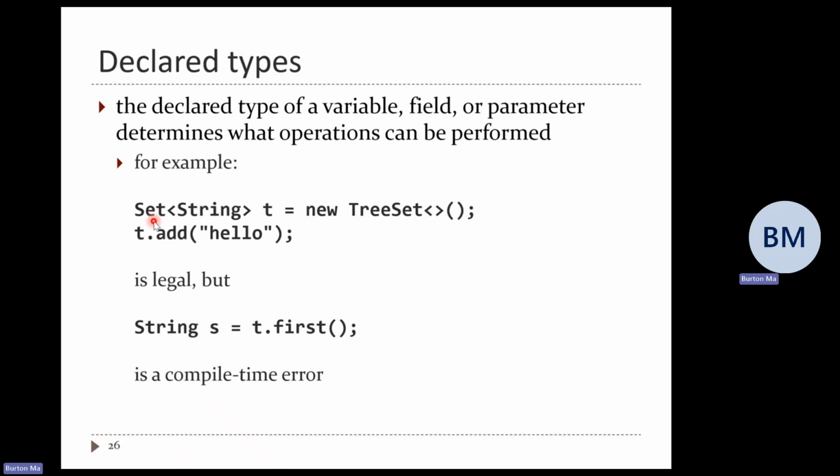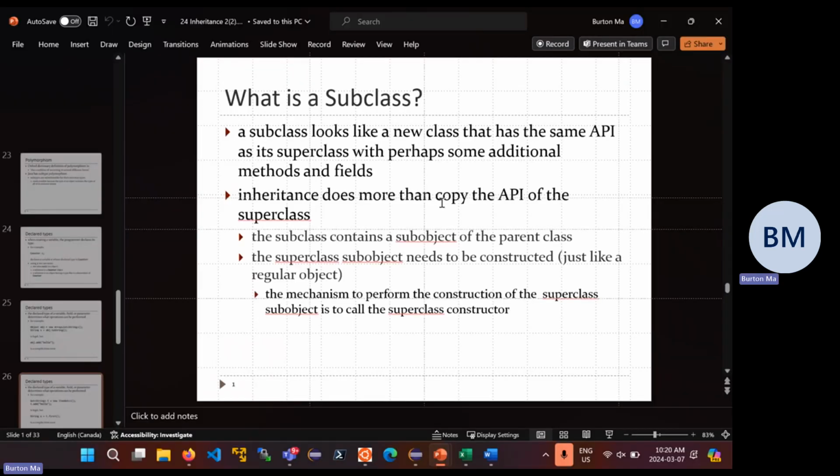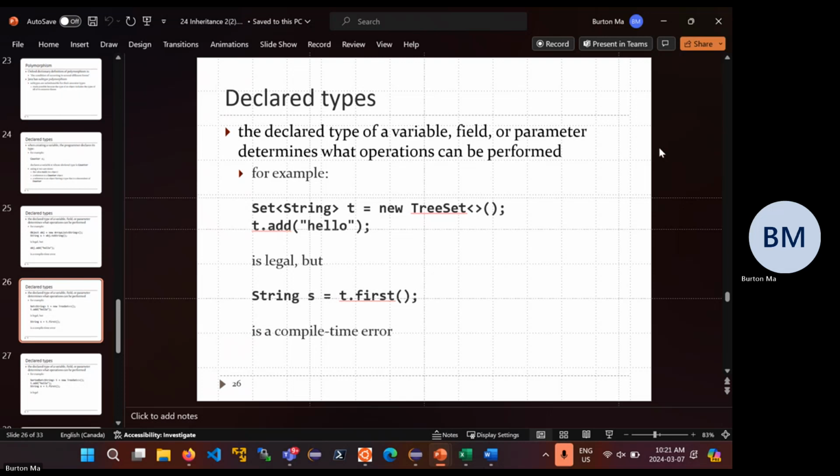But Set does not have a first method, so this isn't allowed, even though the object stored in t is a TreeSet. So the declared type determines what you can do with the variable. And I'm out of time. So in the next lecture, I'll tell you what the runtime or actual type actually does.